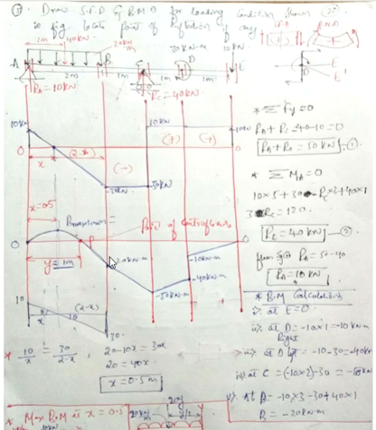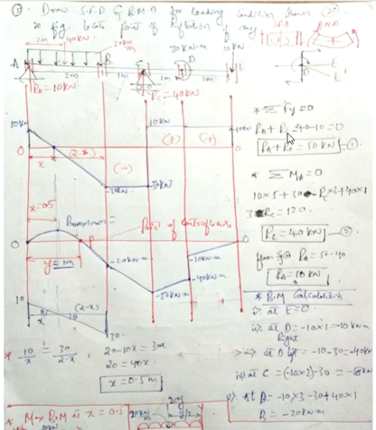But before that, we need to find the reactions RA and RC. For that, we are going to use different sign conventions. For summation of Fy equal to 0, upward forces we will take as positive and downward as negative. RA and RC, this is the point C, are positive because they are acting upward, and 40 is acting downward because of the UDL, so it is minus 40, and here minus 10 is there.